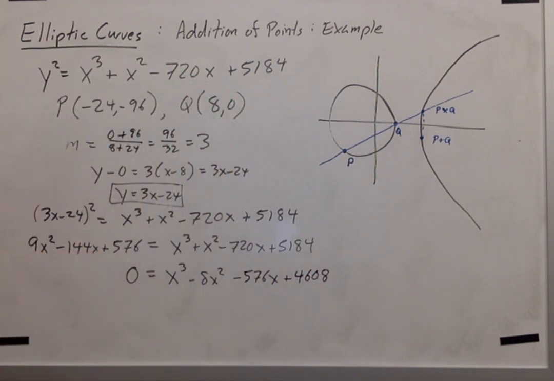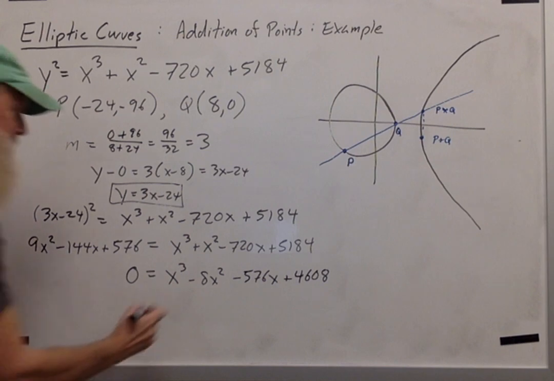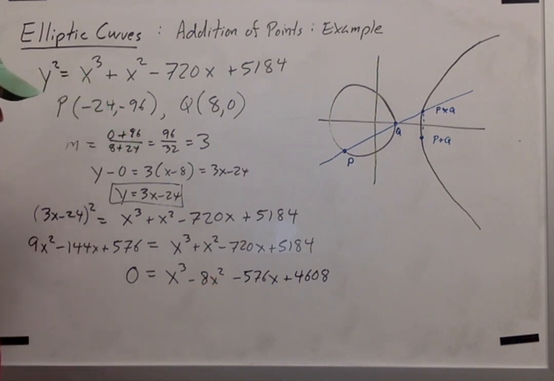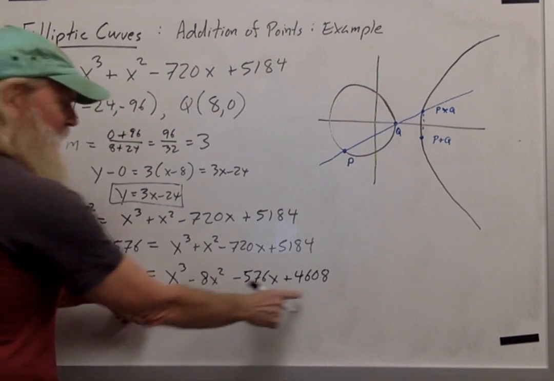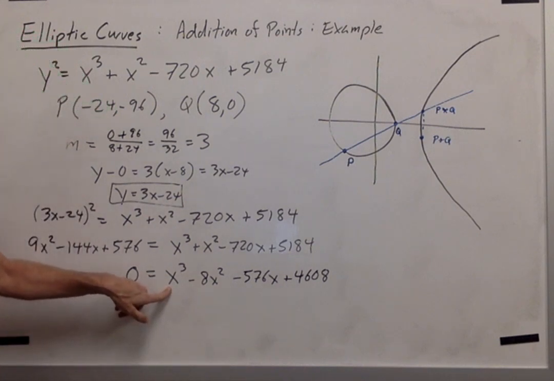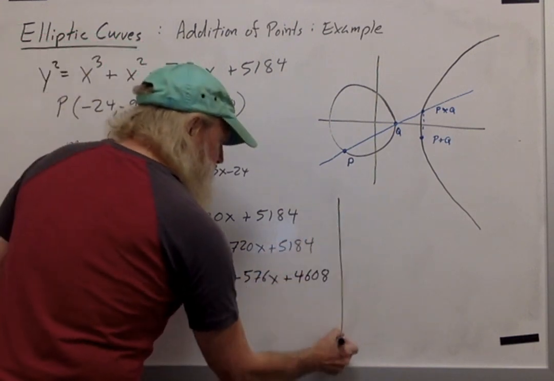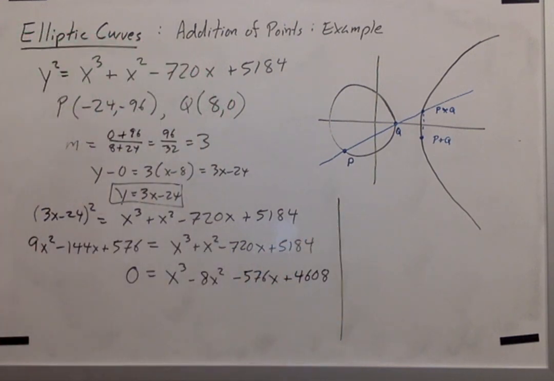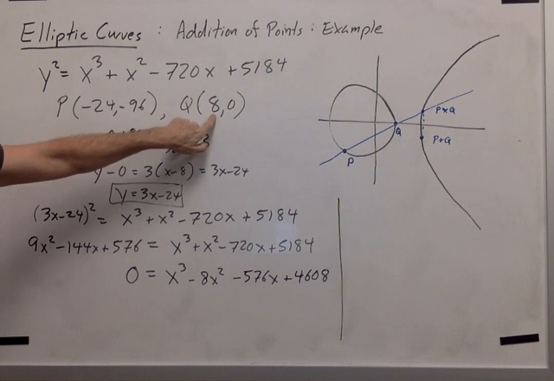You should check behind me to make sure that I'm doing all my arithmetic correctly. And now, to find out the x-coordinates of the points of intersection, I just need to factor this polynomial down. Now that can take a while, but we actually have a great big hint. We already know what 2 of the solutions are. We know that one solution is negative 24, and another solution is 8.